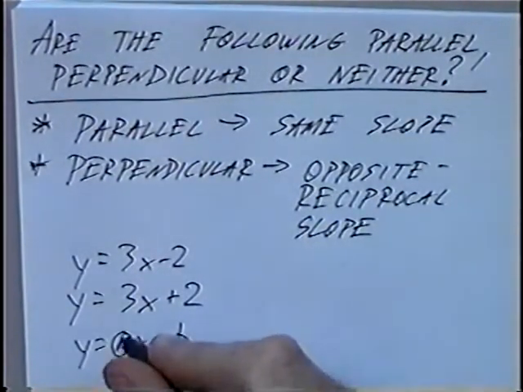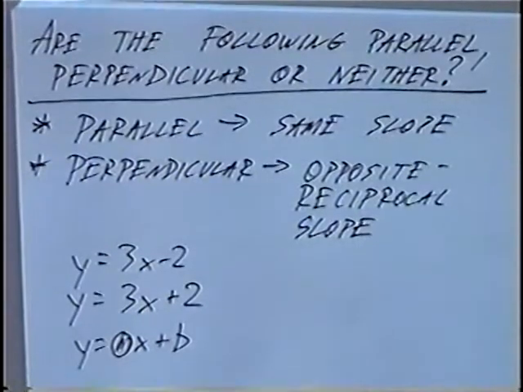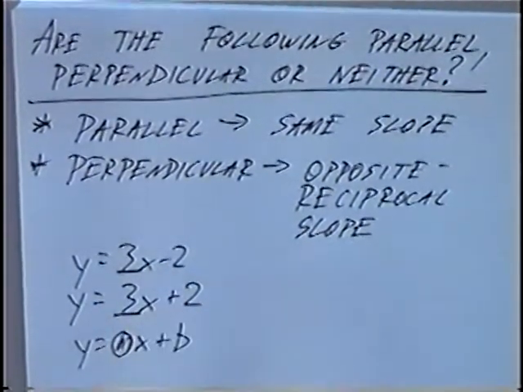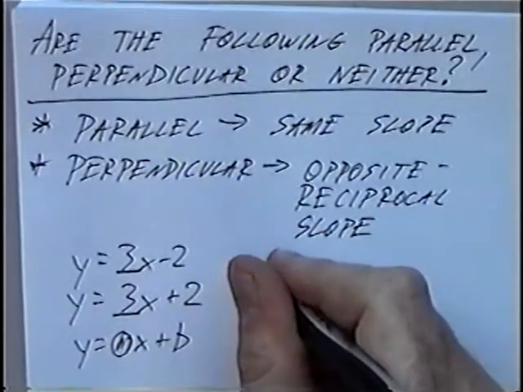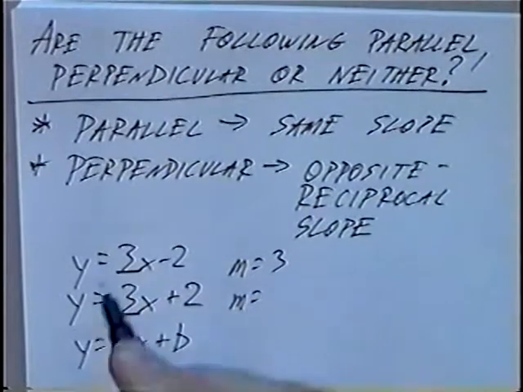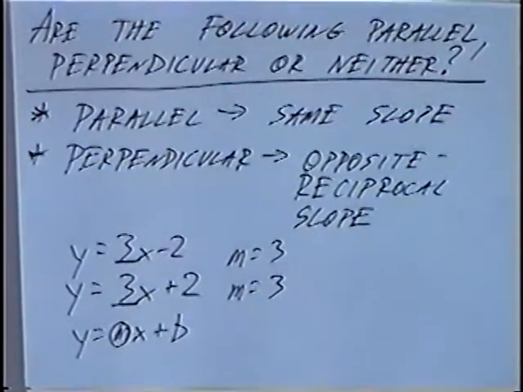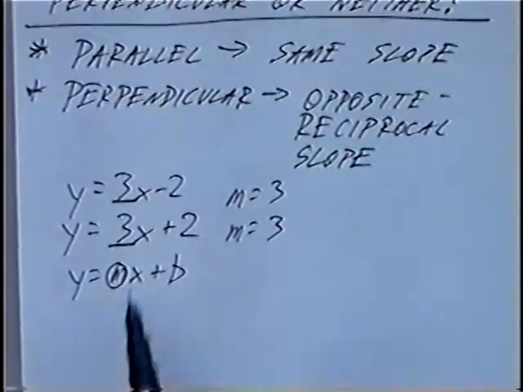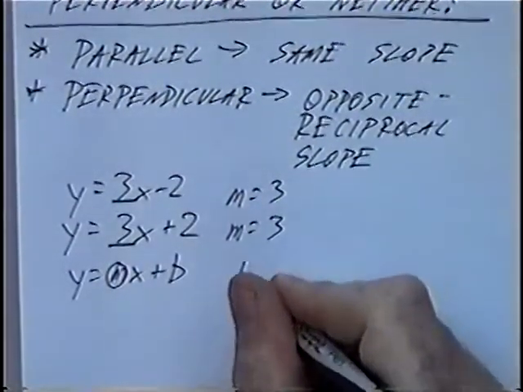The m is the slope, so the number in front of x would be the slope. In this case, we have 3x and 3x. So the slope in the first equation is equal to 3. The slope in the second equation also equals 3. Since both the slopes have the same value, these are parallel.